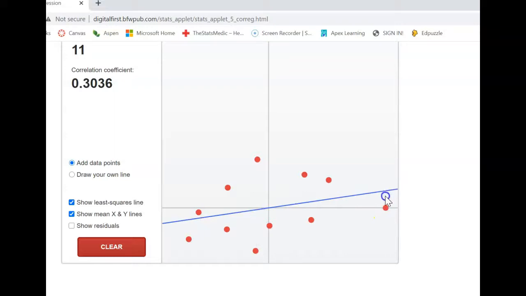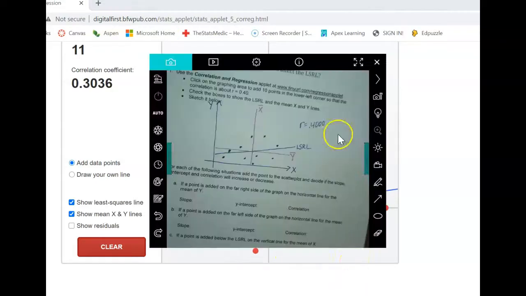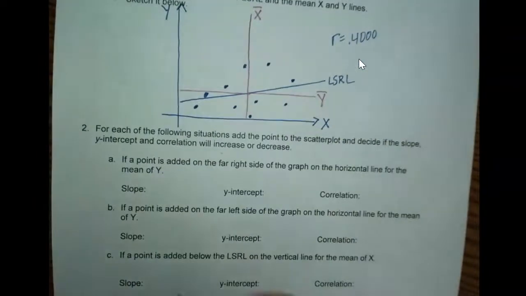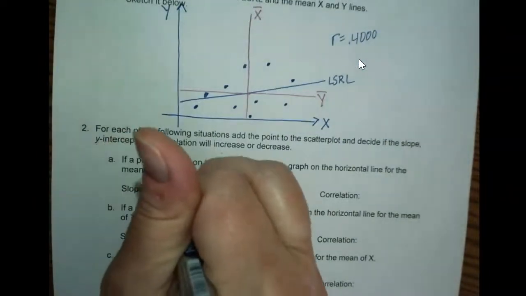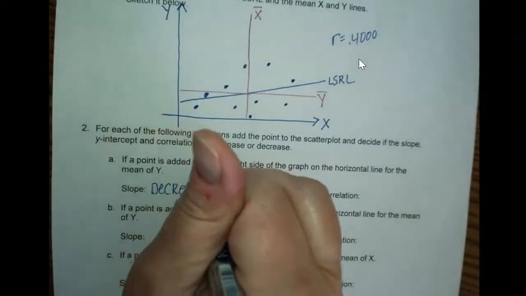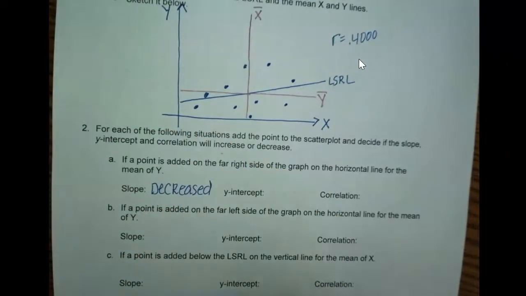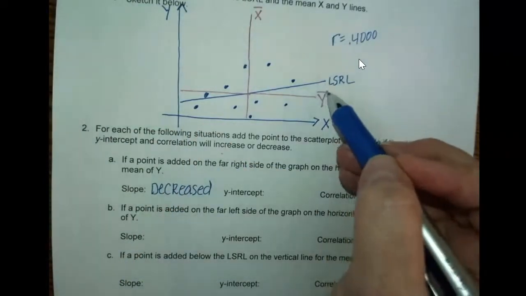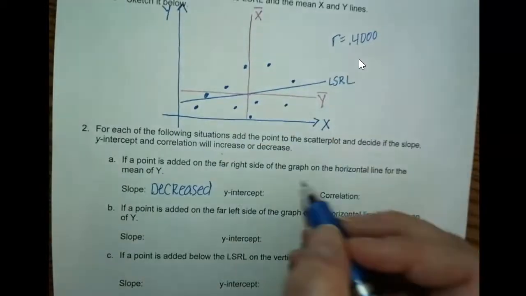Okay. When I clicked here, the line came down. When this came down, the left-hand end over here came up. So what happened is my slope decreased because it went flatter. My Y-intercept, because the right end came down, so the left end went up.